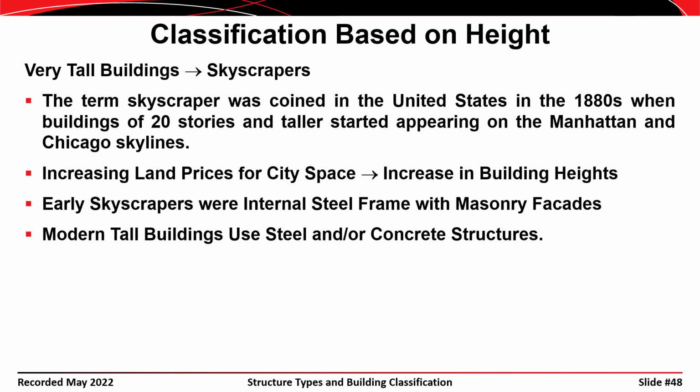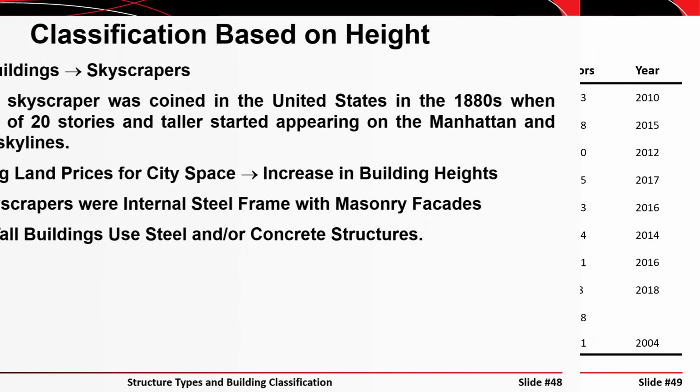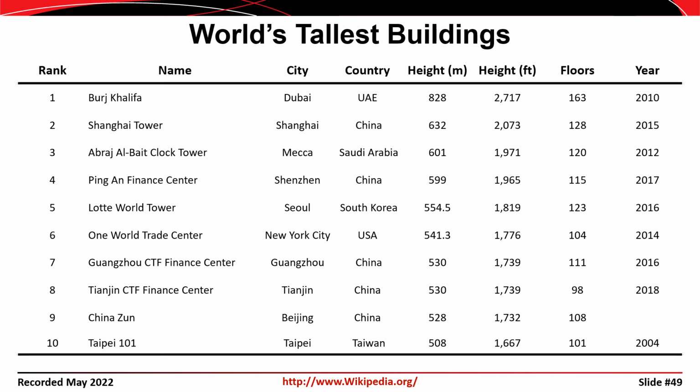So early skyscrapers basically were steel framed interior with masonry facades, but modern skyscrapers use steel and/or concrete for their structure.